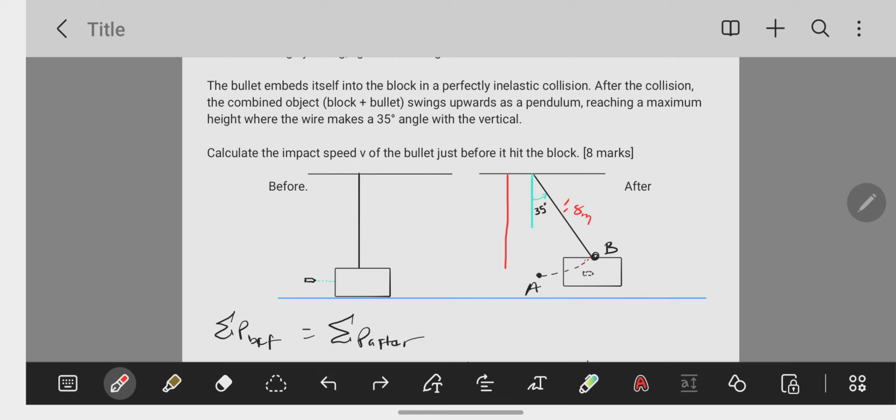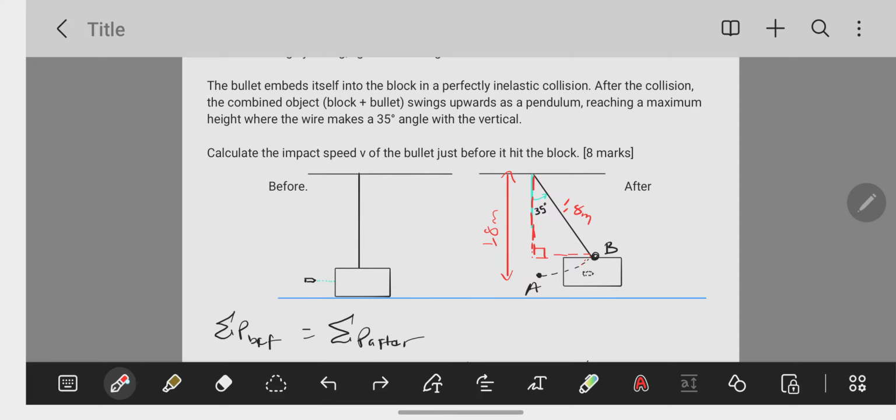So let me just give myself some space. So this length right here is 1,8. If that's 1,8, therefore I can construct a right angle triangle here, and I can find what this length is.